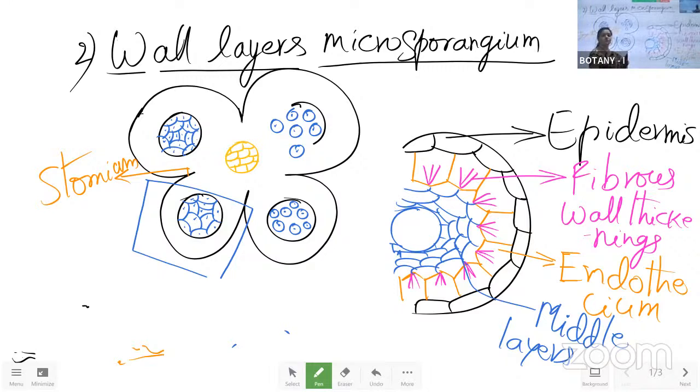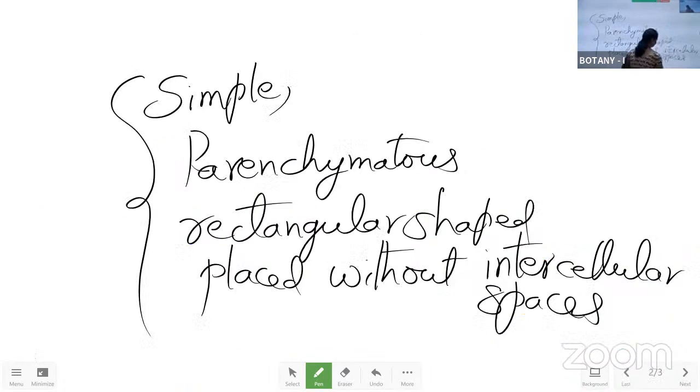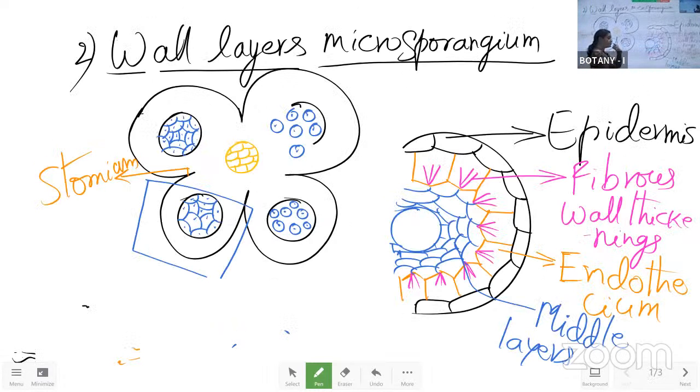That means 2 to 7 rows of middle layers are present, and all these are simple parenchymatous rectangular shaped cells placed without intercellular spaces. Same thing that we have written for the epidermis. Same words, we have to use many times over here.